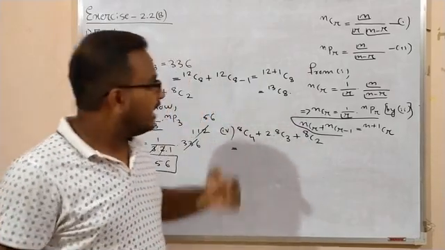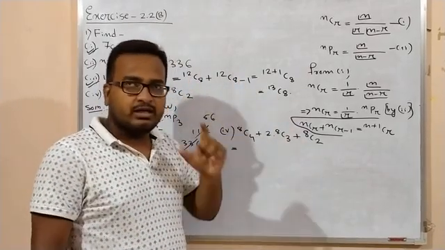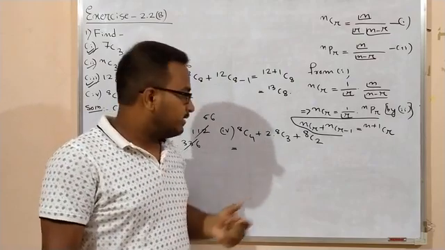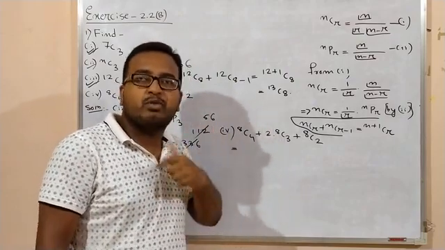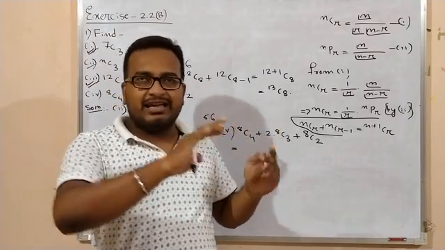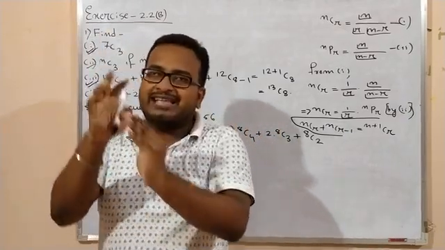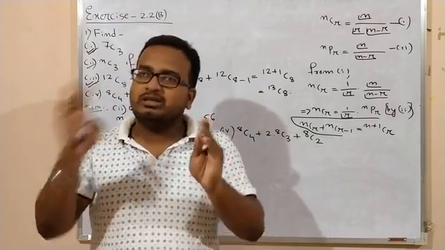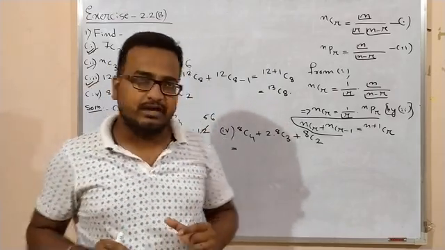If you can recall, I have already discussed all these things in our theory part. If you calculate nCr and another calculates nC(n minus r), then in both cases you will get the same result.